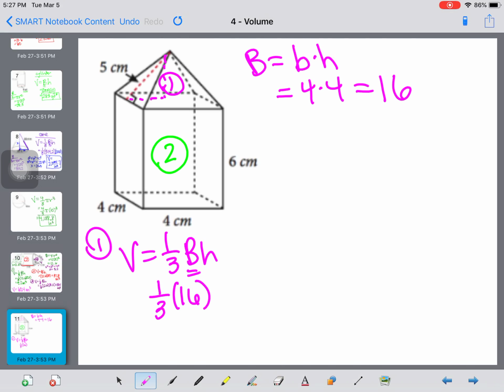Okay, for my Pythagorean theorem right here, what's important is, if the whole side is 4, then into the center is just 2. So when I'm working to find this height, I'm doing x squared plus 2 squared equals 5 squared.